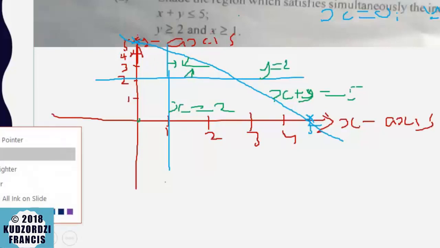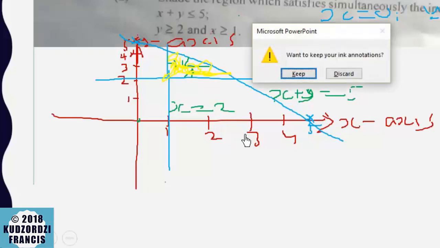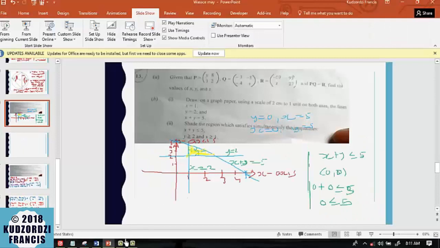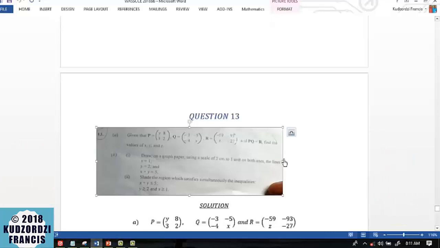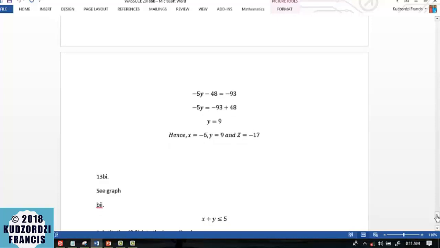So the intersection is the region over here. We satisfy all the inequalities simultaneously. That's why the region is what we're talking about. Now let me show you what we're talking about.